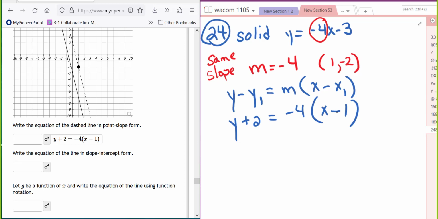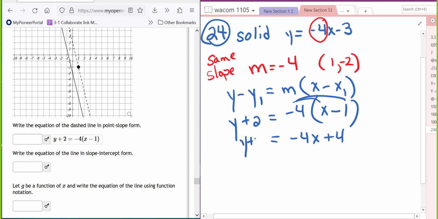All right. So we're going to change it to slope-intercept form. Standard steps here, isolate your y. This was point slope form. And we're going to subtract 2. So y equals -4x plus 2.